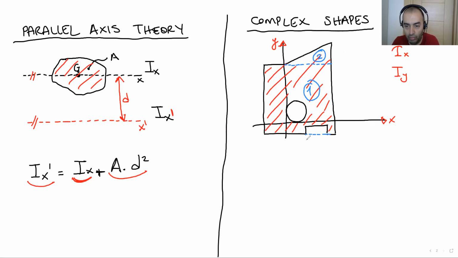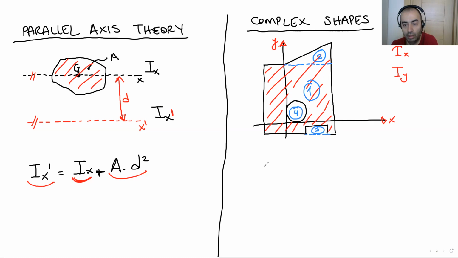Here I have a missing part, as you can see, where we don't have material. This is three. There is an opening, there is a hole here. This is four. So what I have is 1, 2, 3, 4, four different simple shapes.